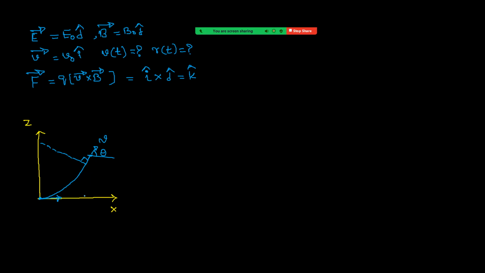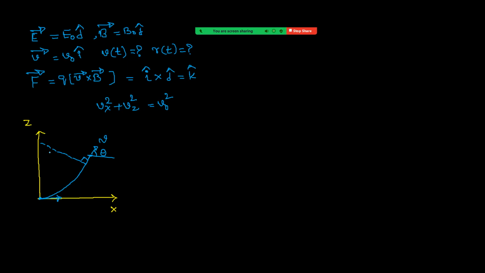That means since motion is confined to the xz plane, we can write Vx square plus Vz square should be equal to V naught square. Now velocity has two components, along the x-axis and along the z-axis, right?